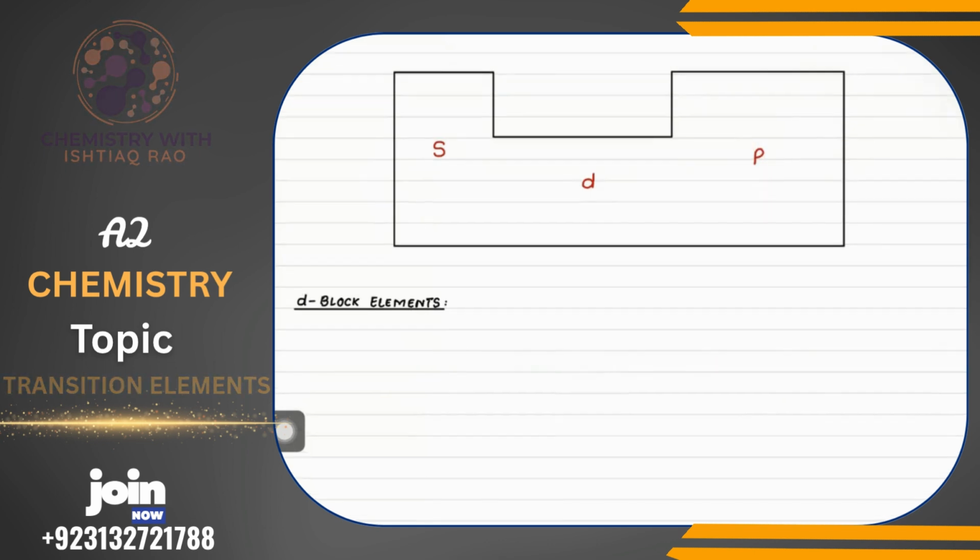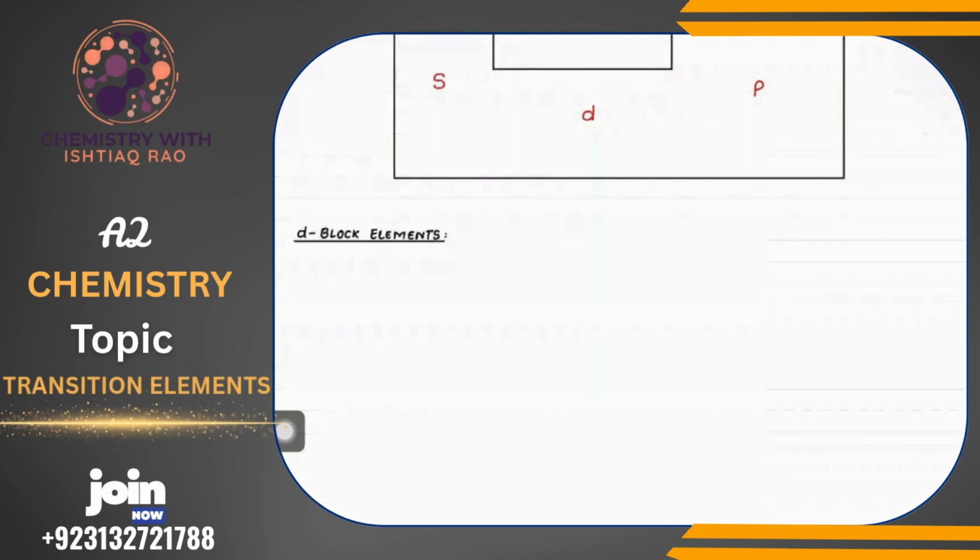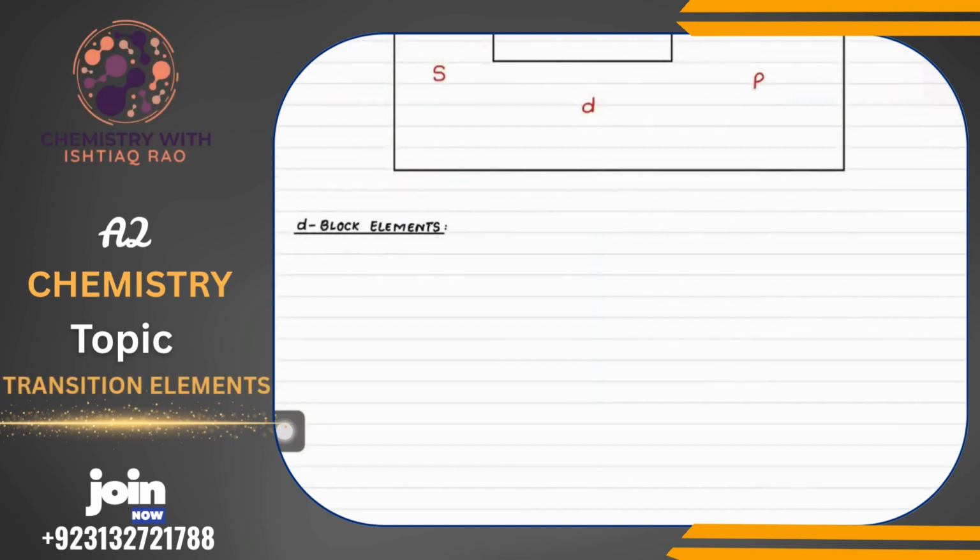So after writing an electronic configuration, we can identify whether the element is present in the s block, p block, or D block. Before doing this, you need to know electronic configuration, right?